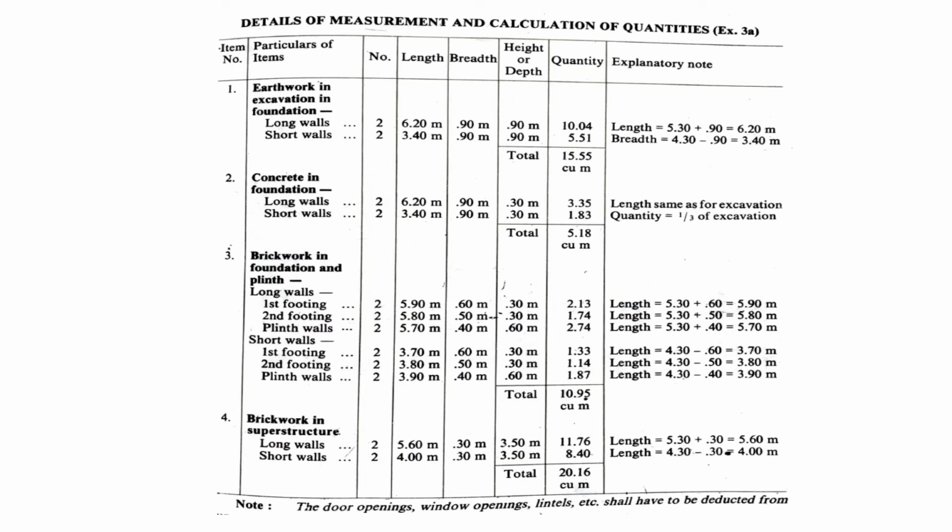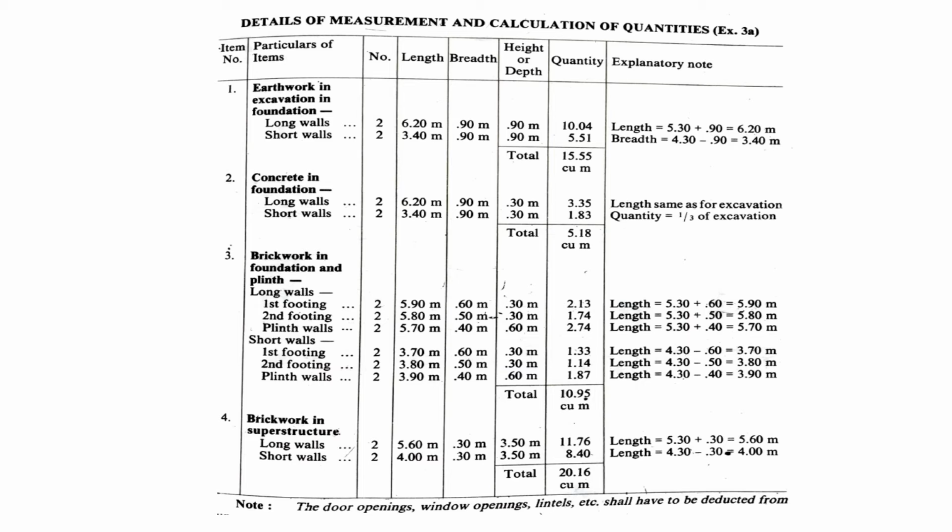Next, first of all, we need to find the earthwork excavation in foundation. That is item number 1. Here we have 2 long walls and 2 short walls. For the long wall short wall method, the formula for finding the length is: for long wall, center to center distance plus 1 width; for short wall, center to center distance minus 1 width.